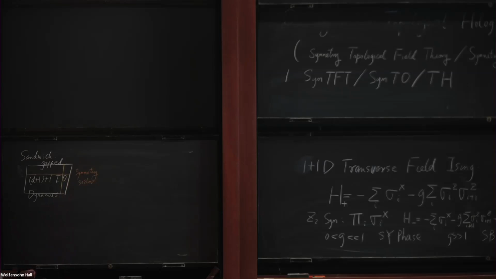And the choice of which horizontal logical operator labels charge and which one labels flux is determined by the top boundary condition that we choose. Okay, so this hopefully is all clear from that example that I showed. Of course, in other cases, things can be more complicated, but the general principle is the same.